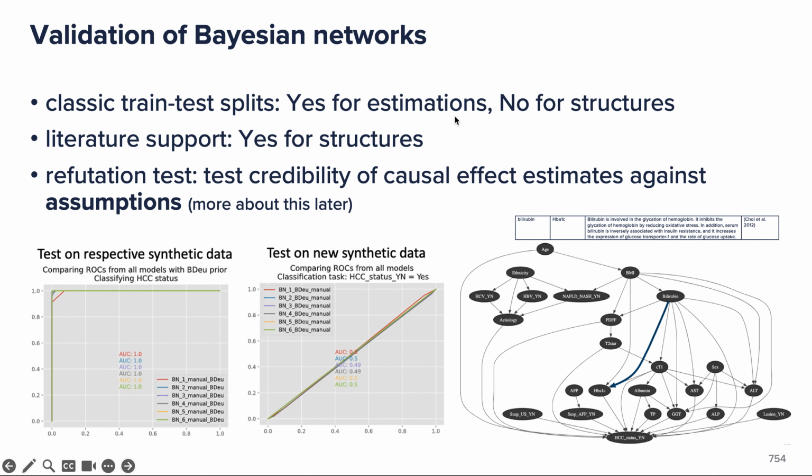And as for the estimation, you can do it with the classic train test split. But this is when, for example, you want to use a Bayesian network as a classifier. So basically, I tested different types of models to see if they can classify cases into HCC yes and no, and how well they do.